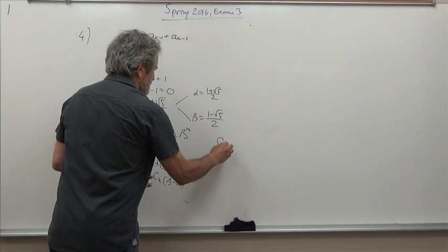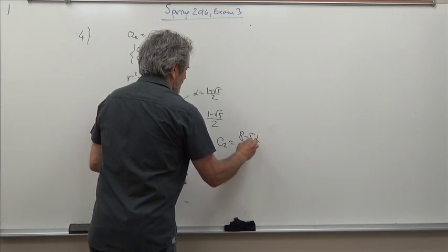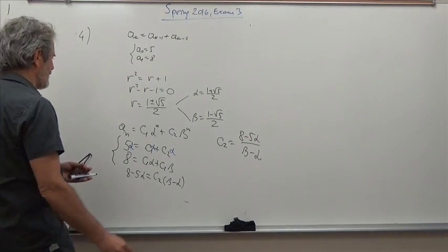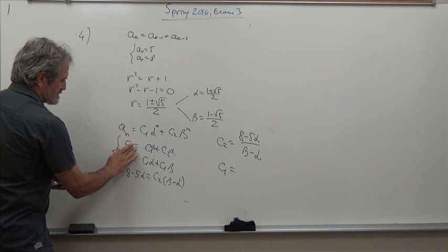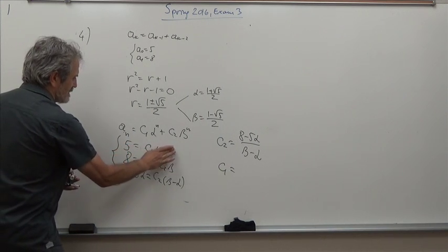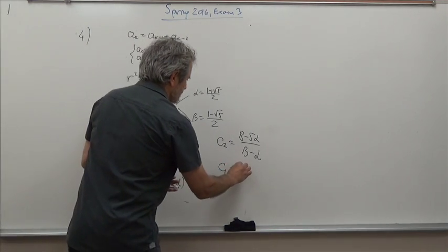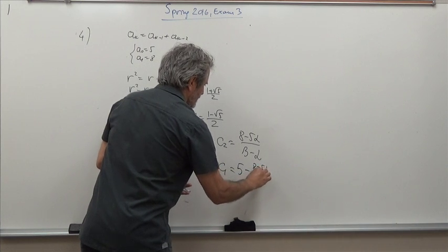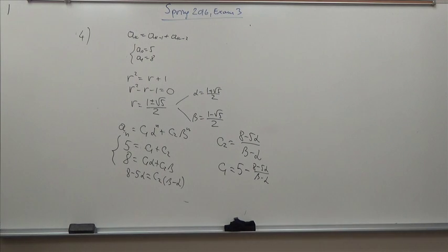So from here we get C2 equals 8 minus 5 alpha over beta minus alpha. And how much is C1? For C1, I will just use the version before I multiplied with alpha. So C1 is 5 minus C2. So it's 5 minus 8 minus 5 alpha over beta minus alpha. So here it is, we are done basically.